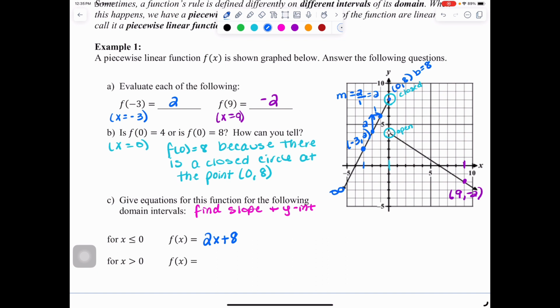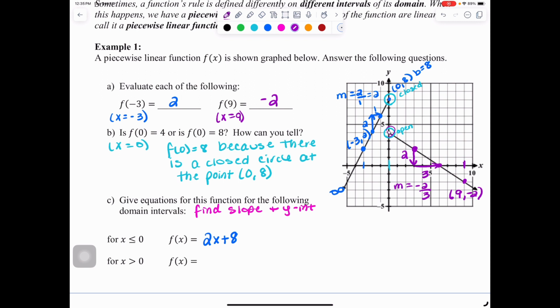Looking at the second one, we're going to do the same thing. I have to find the slope and the y-intercept. So I pick 2 coordinates that I can easily read to find the slope. That's down 2, to the right 3. So that's a slope of negative 2/3. And here we have an open circle, which matters when we were coming up with our domains.